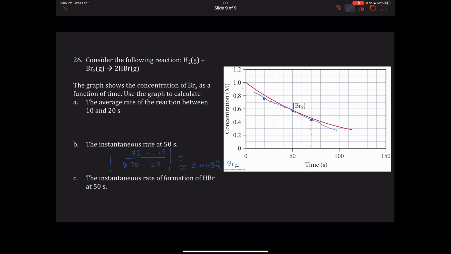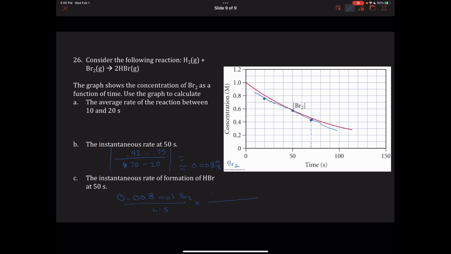Now, finally, we're asked for the instantaneous rate of the formation of HBr at 50 seconds. I have no HBr information on my graph. What I just determined, though, was bromine's rate at 50 seconds. So we're going to take the 0.008 moles of bromine per liter per second and convert that to moles of HBr.